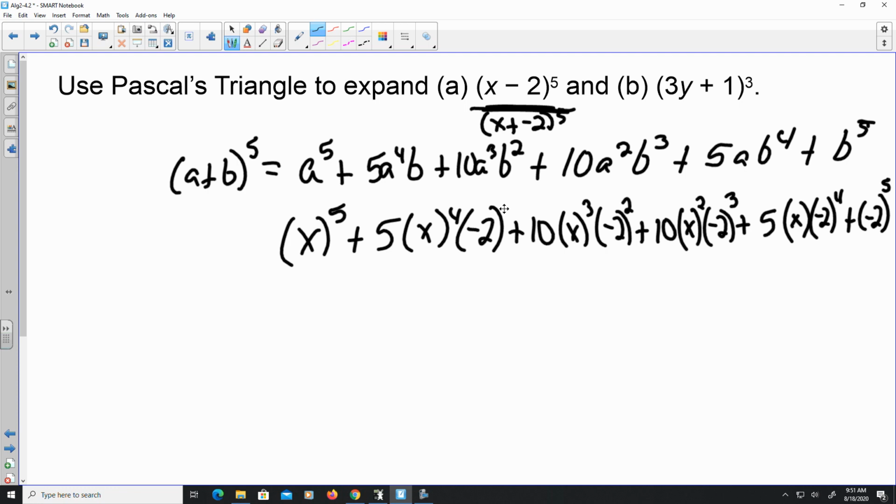All right, so x to the 5th is just going to be x to the 5th, nothing to change there, plus, looking here, negative 2, there's no x, but it's to the 1st power, so you just multiply that with the 5, so that's going to be negative 10x to the 4th, plus, so I'll just cross that out since we took care of it.